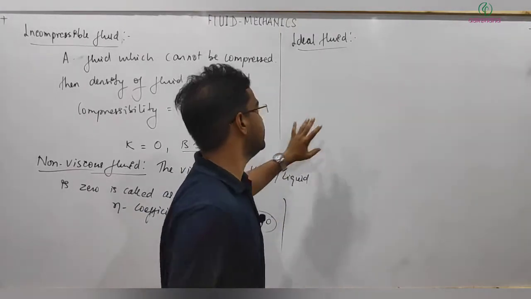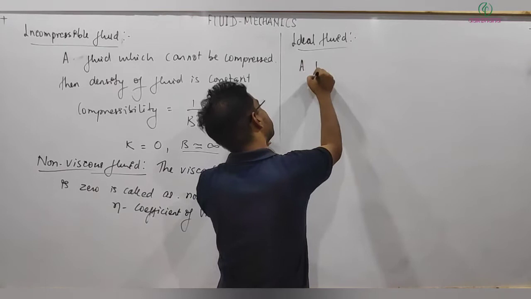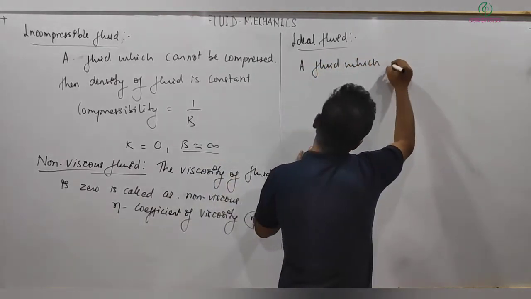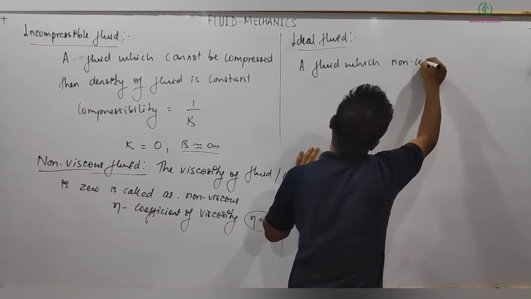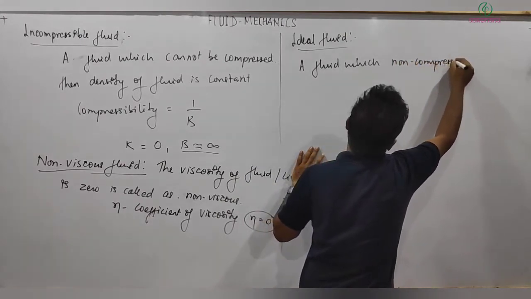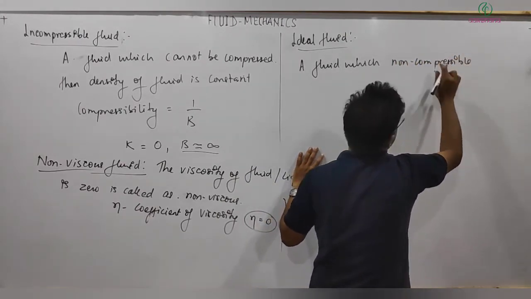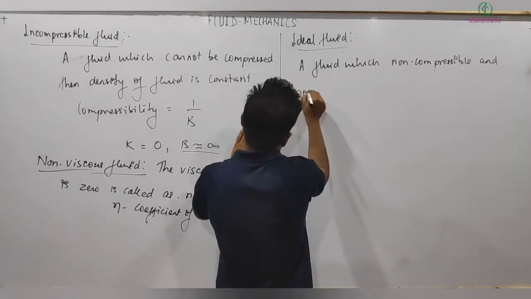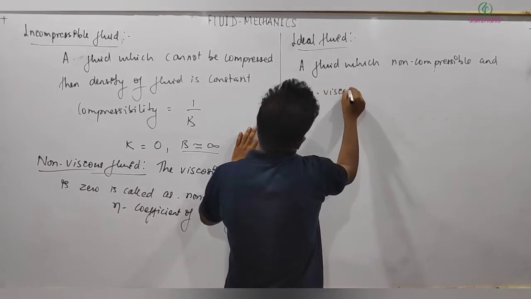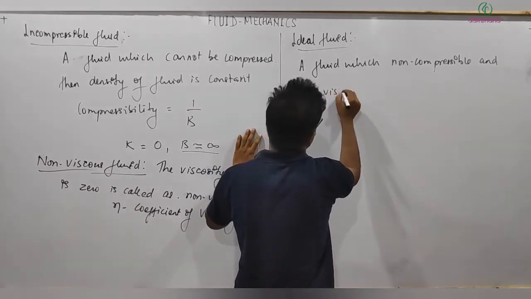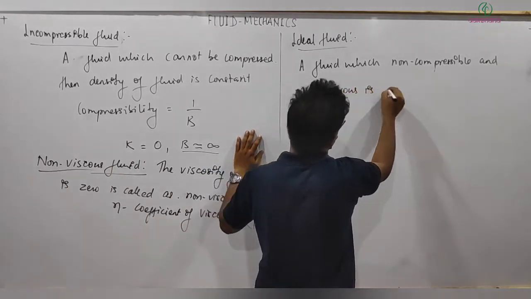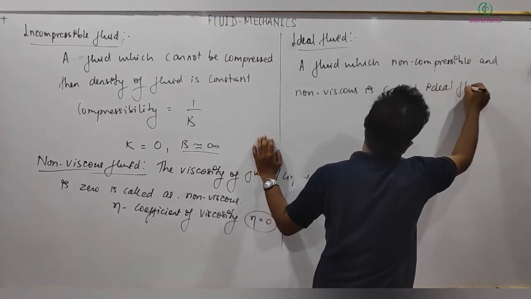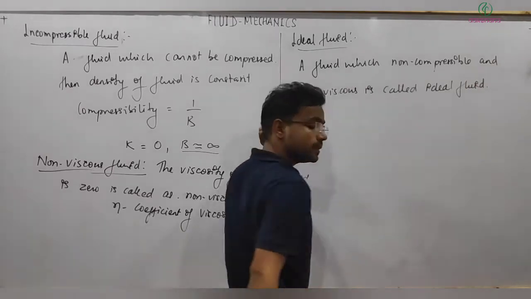So an ideal fluid is basically a fluid which is non-compressible and non-viscous. It is called an ideal fluid, right?